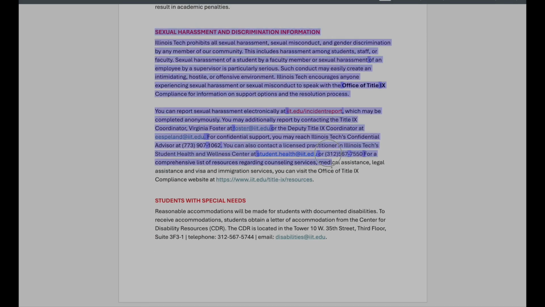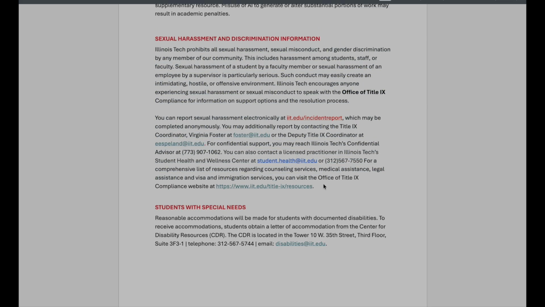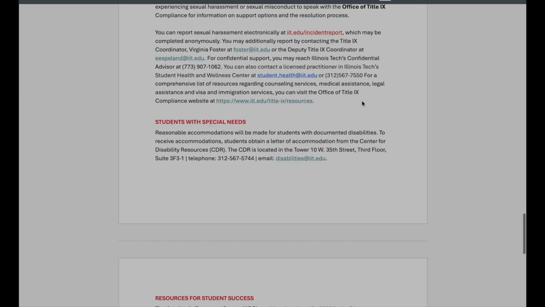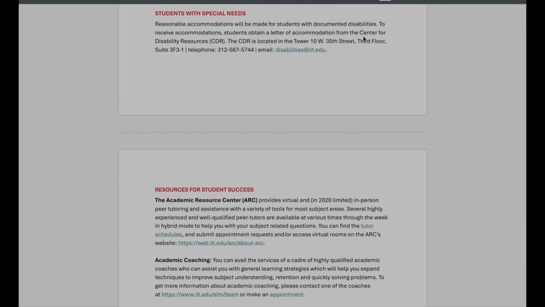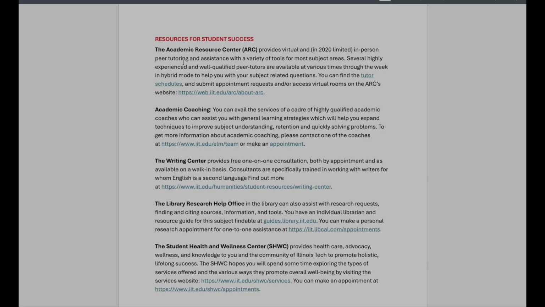This section here is again about being respectful and preventing any kind of harassment and discrimination. You can speak with the Office of Title IX if there are any issues. As I mentioned, I will work with CDR to accommodate any requests that you have. And in case of issues that you're facing in this course, there are multiple sources that you can use.